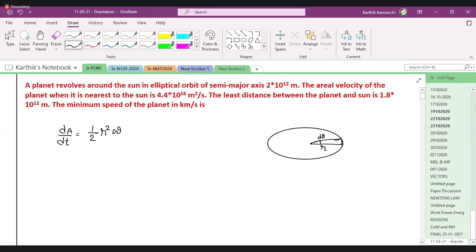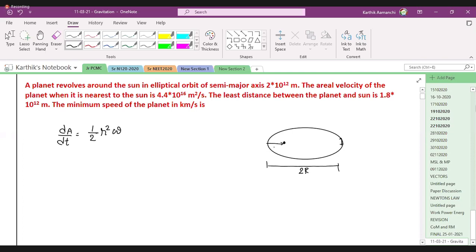Now see, this r here is the radius, but if a planet revolves around the sun, probably your sun will be something like this and your planets will be revolving something like this, right? Yes, sir. So from here to here, the total distance is 2r, which I take as 10 power 12 meters.